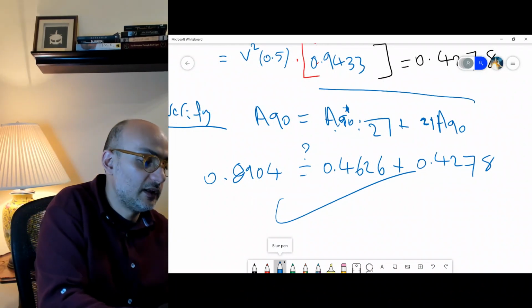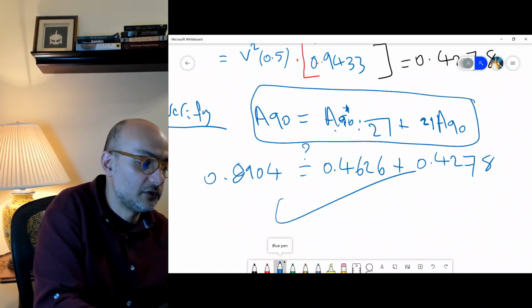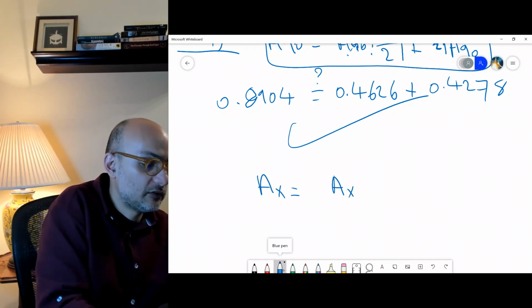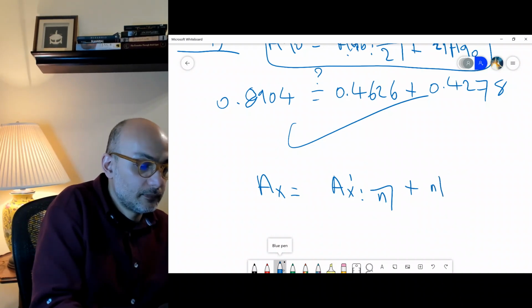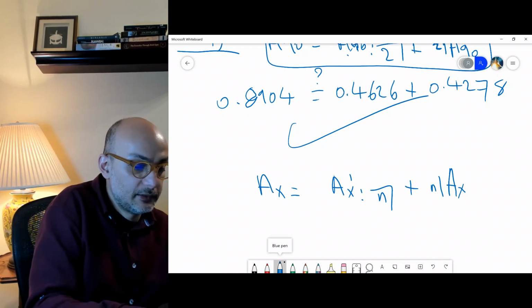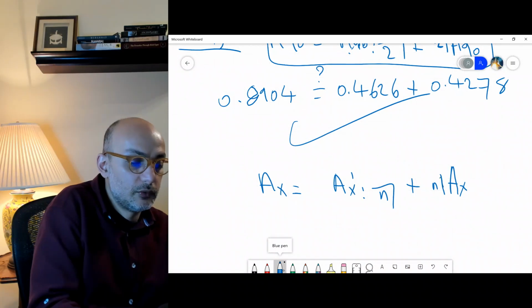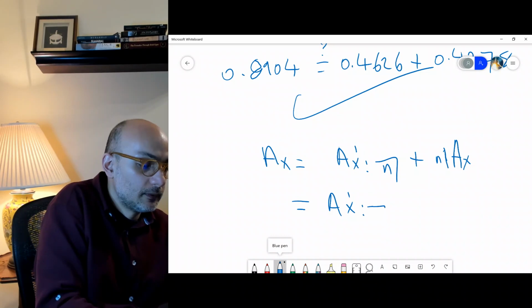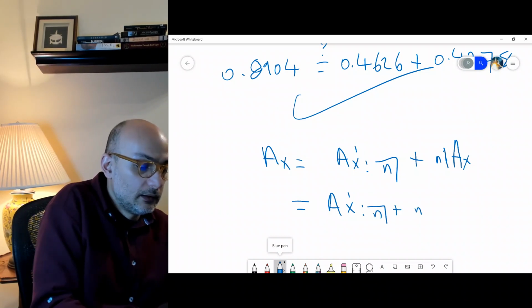So this is another formula, of course, like we took before. The A_x should be equal to the deferred one plus that one, and this can also be written as A_x plus 2 plus n.